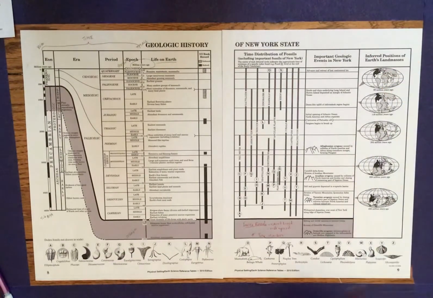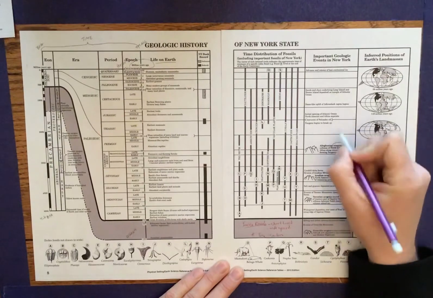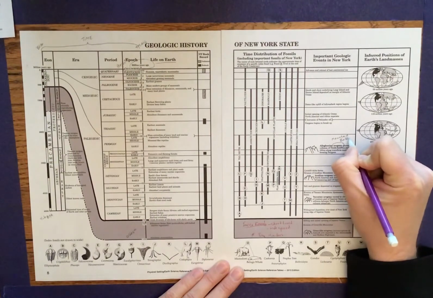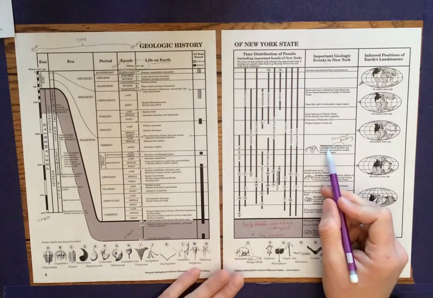Then over here, you have important geologic events in New York. We're talking about Earth events, making mountains. The word orogeny means mountain building. The Alleghenian sounds like the plateau, right?